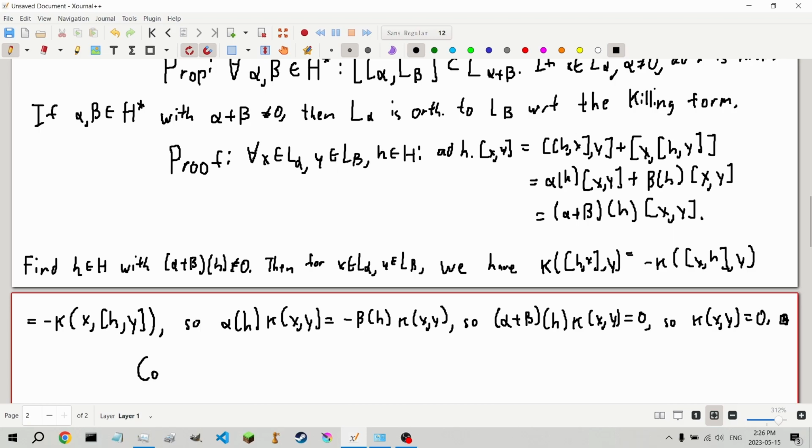This comes with a corollary. The restriction of the Killing form to L0, which, if you recall, is equal to the centralizer in L of H, is non-degenerate.